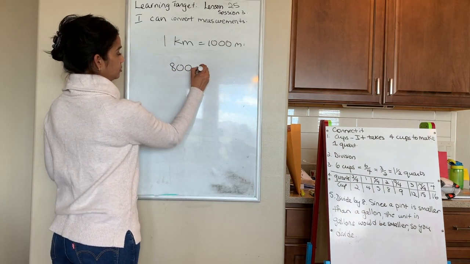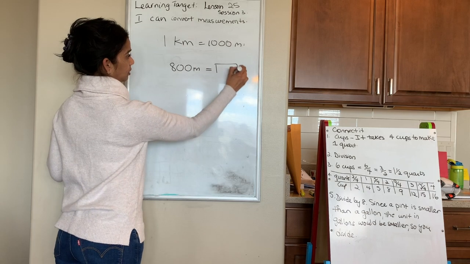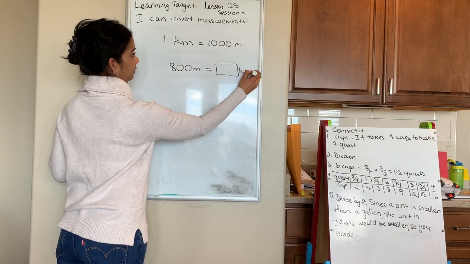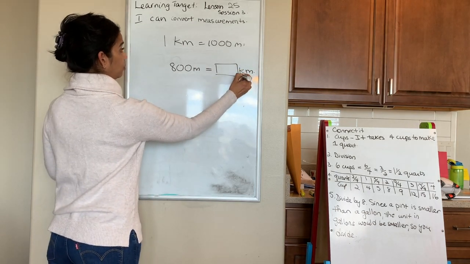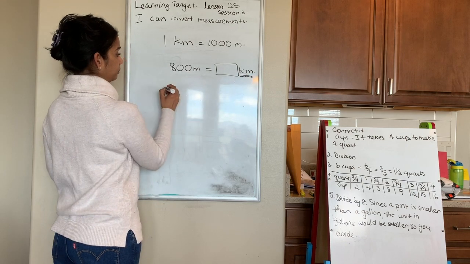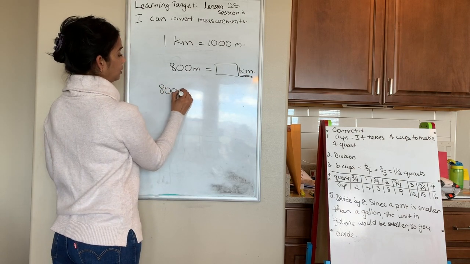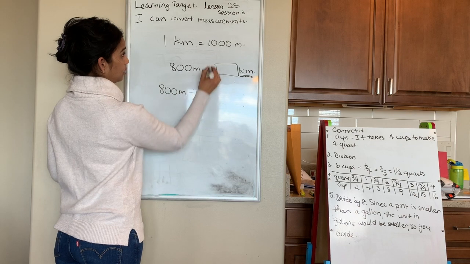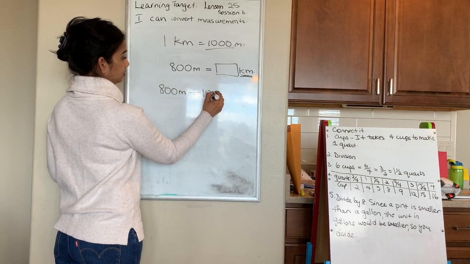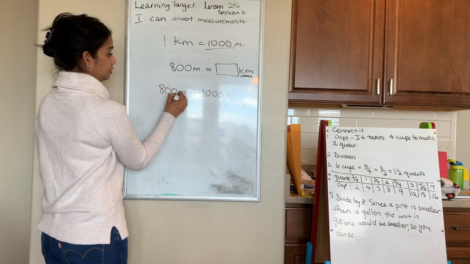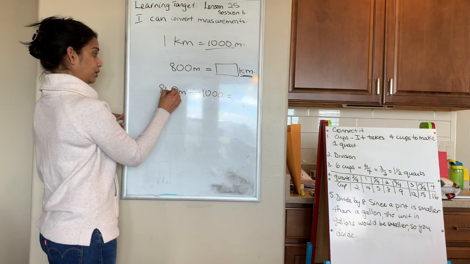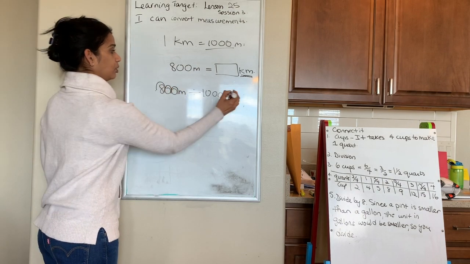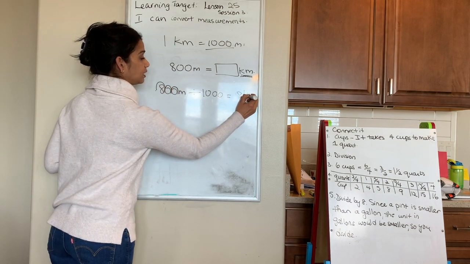So this is what we're trying to find out, right? This is the bigger one, right? Bigger measurement. So instead of multiplying, we divide. We divide by 1,000. So that's good. So this is where the decimal is. 1, 2, 3. So we get 0.8 kilometers.